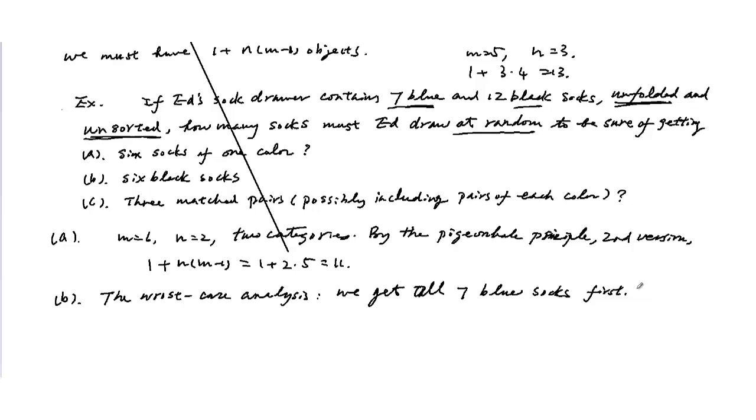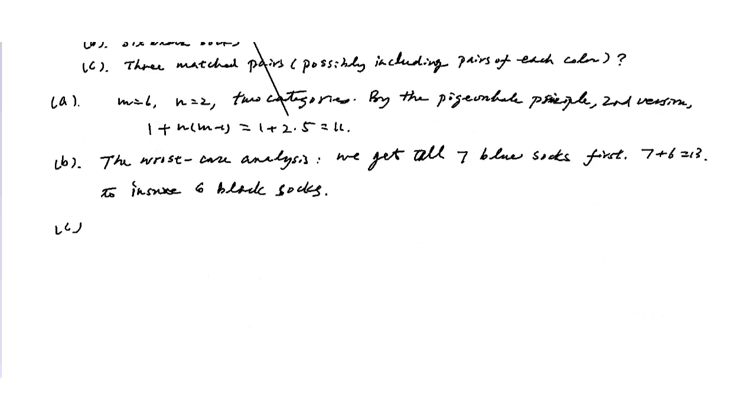Therefore we need 6 more, so that would be 7 plus 6 is 13. In this case we need 13 socks to guarantee at least 6 socks of the desired color. To get 3 matched pairs, 3 matched pairs means we have a pair of one color.